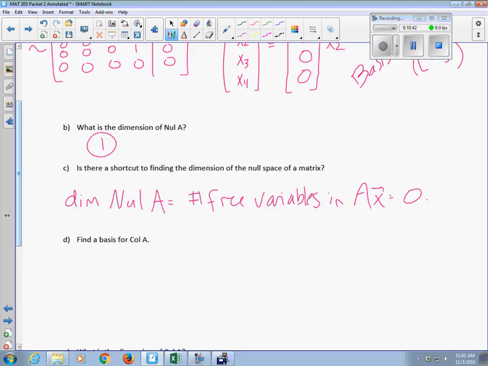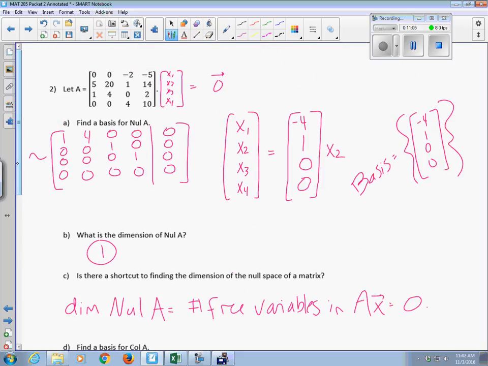All right, anybody remember how we find a basis for col A? You take the columns. Yes. Which ones do we keep specifically? The pivot columns. Yeah. So you have to take the pivot columns from the original matrix. So our pivots are column 1, column 3, and column 4.